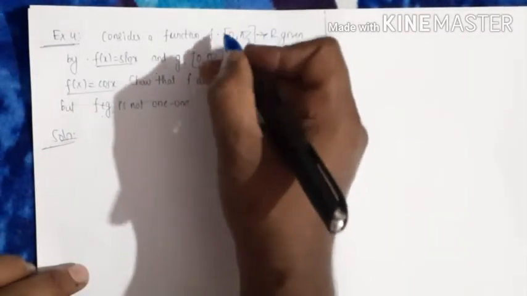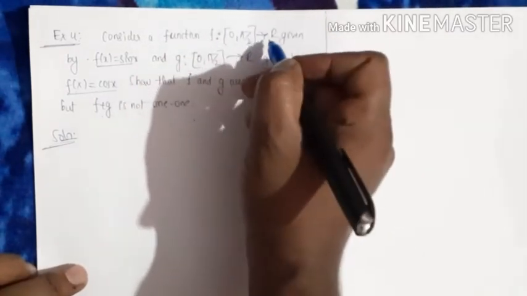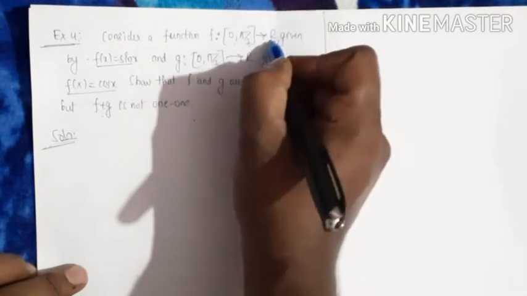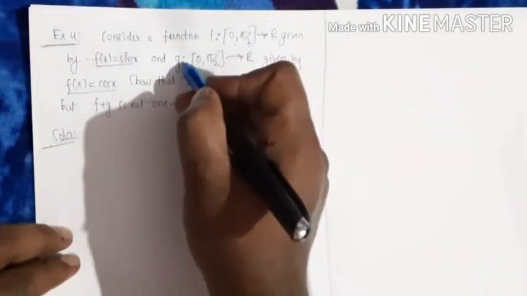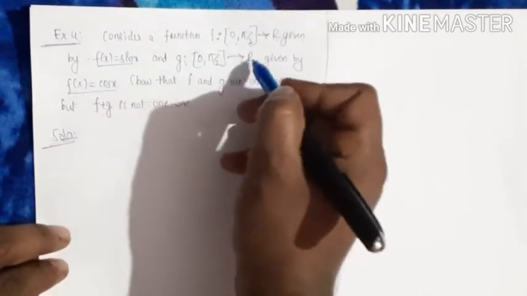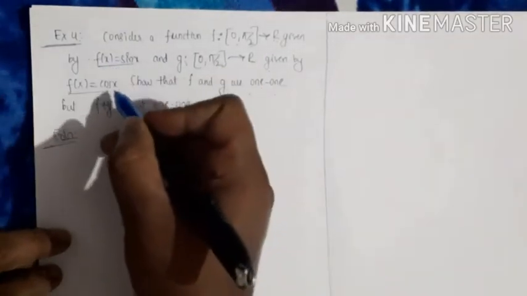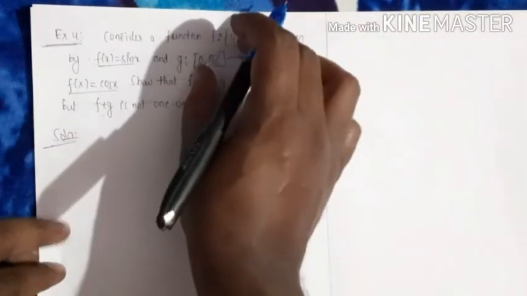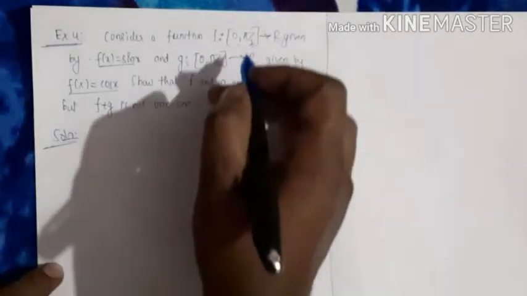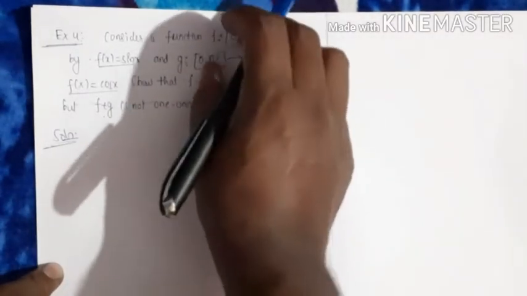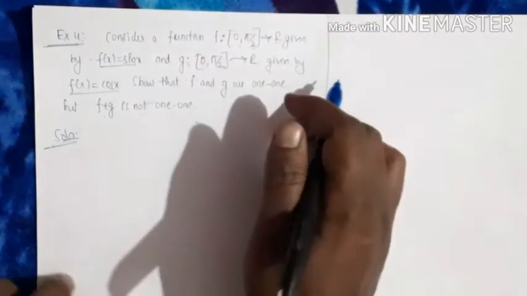Here this function is from the domain [0, pi/2] to codomain R, and g is also from [0, pi/2] to R. So this is very important. And sin x and cos x in this domain are one-one always, because for each value you will get a different image.